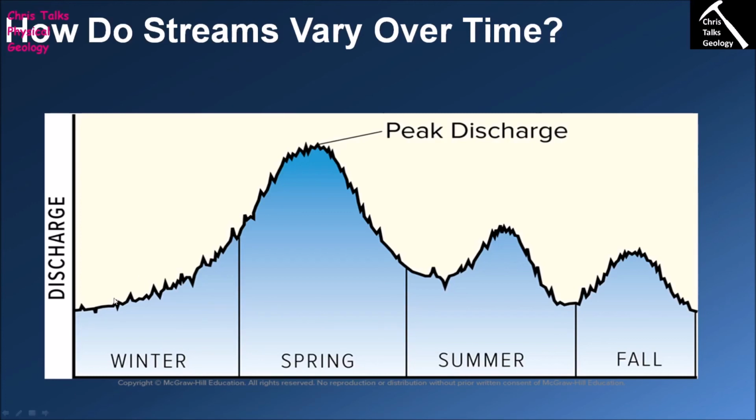And so this means that typically during the winter we have lower rates of precipitation, and we will often have water being locked up in the form of solid water in the form of ice and snow, and this stops the water entering the river system, and so the discharge is often at its lowest. Now, as we head into spring, the ice and snow that's been gathering in the winter will begin to melt, and so we see the highest discharge, or the peak discharge for the year, will typically occur within the spring months.